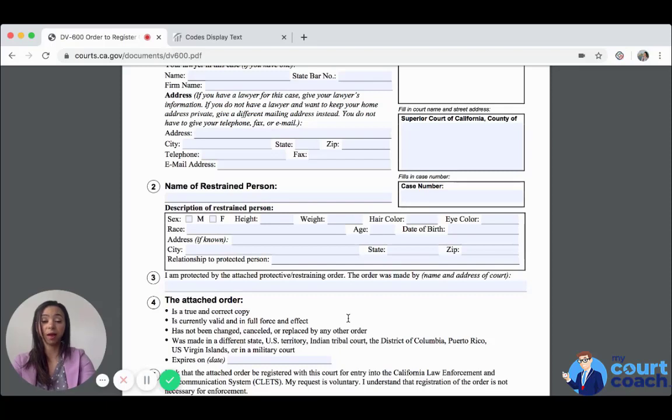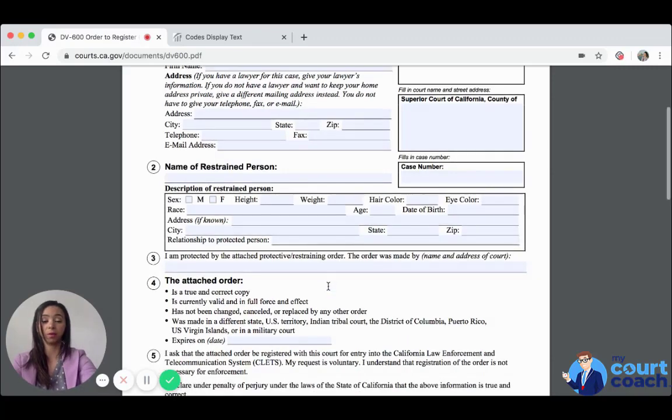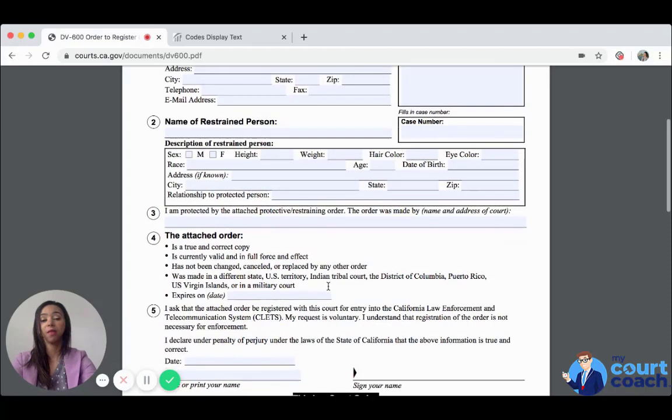The form also asks for the superior court in which you received the protective order and the address of that court. So you want to include that information right here so that the court is aware where you received your protective orders. And then you have to certify under penalty of perjury that the following is true and correct in order for you to register it here in the state of California.